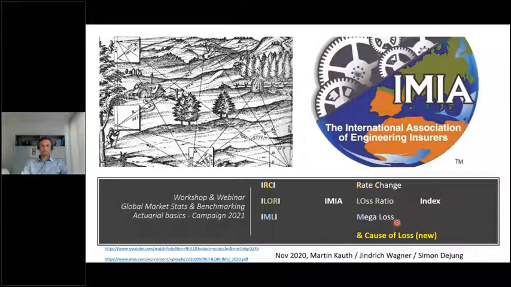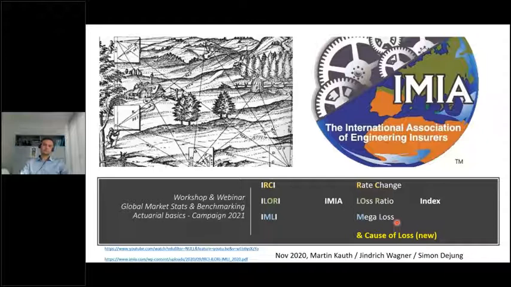We thought it's a good idea, and our colleagues from the London Engineering Group did already some work there, and we joined forces for this task. For the next campaign, we have a group dedicated especially to the causes of loss. This will, on a statistical basis, try to assess where the losses come from and what the drivers of losses are.